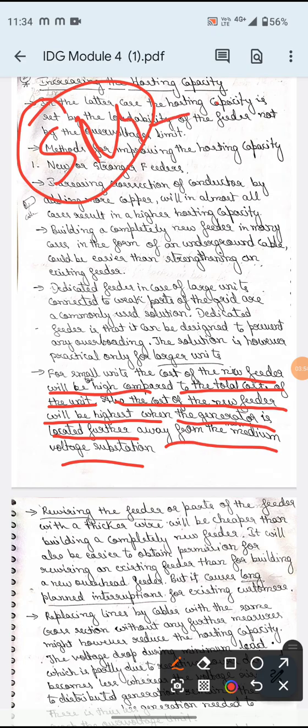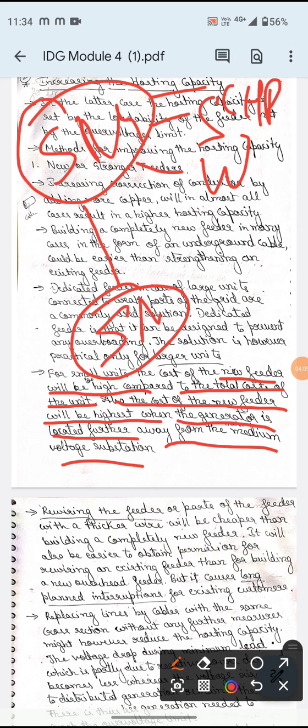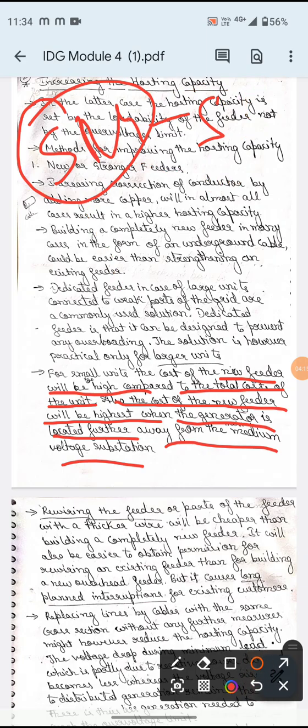For example, it may be solar or it may be wind, or it may be a small CHP, okay. Somewhere it will be far away from the substation, okay. So then it will be a huge cost to transmit the power, right.